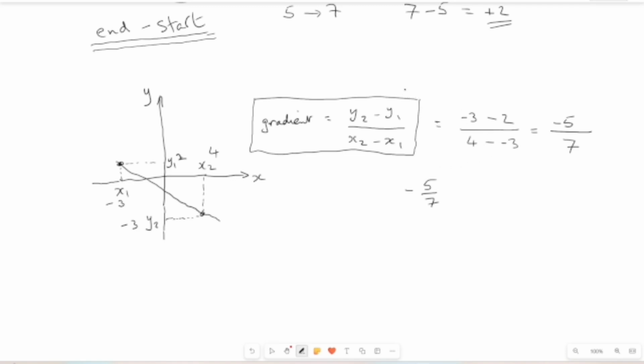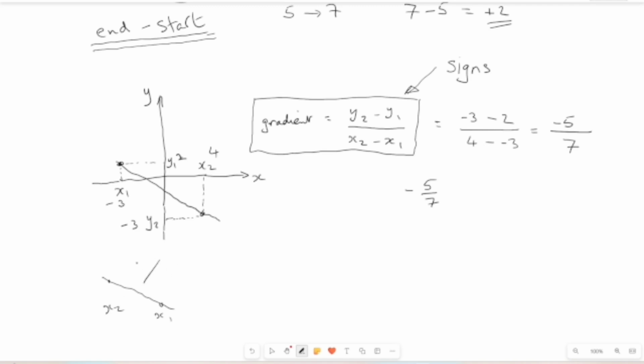So this method will always sort out the signs for you and make sure you get them right, as long as you assign x1 to the point which is most on the left, and x2 to the point which is most on the right. Okay, don't get these the wrong way around. Don't go, oh, we'll have x1 there and x2 there.